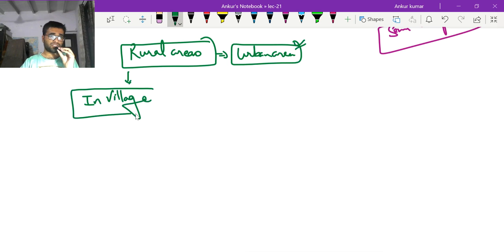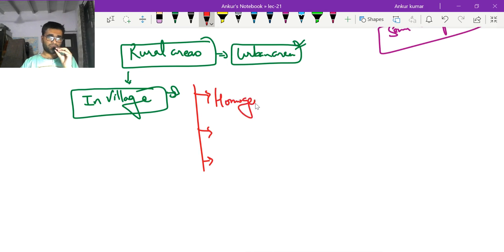how the houses were segregated in India. The houses were segregated basically on certain caste lines, on certain rigid systems which were there in India. So basically in villages, we would divide the village morphology in three parts. First one is the homogeneous part, which includes the fields.